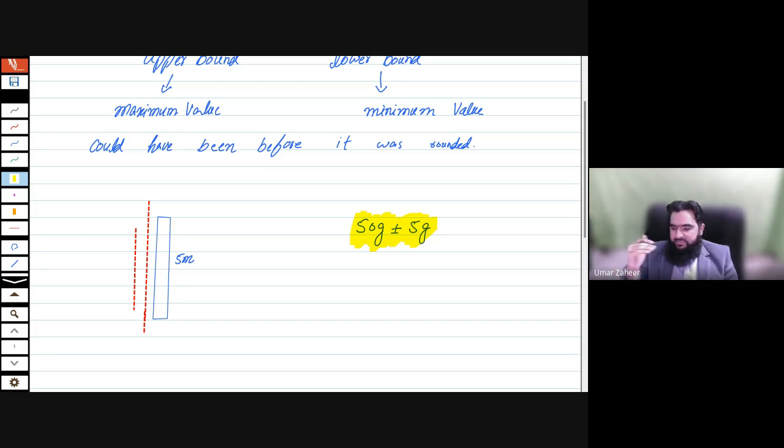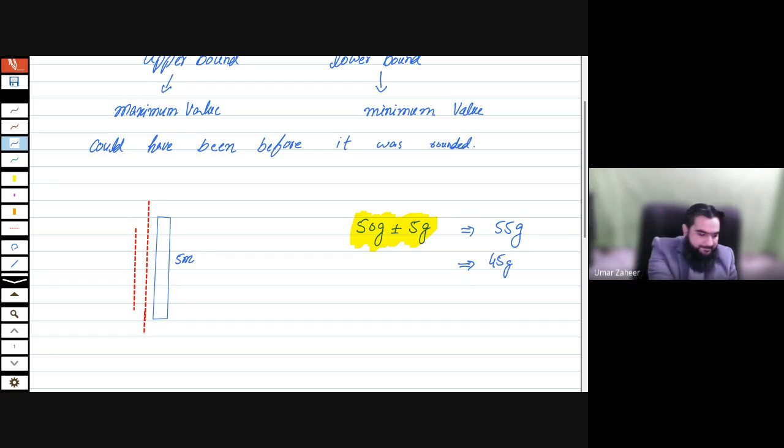It is 50 grams plus minus 5 grams. This means that the packet you have purchased can contain 55 grams of chips or can be 45 grams, meaning it can be 5 grams more or 5 grams less, because when measuring it, there can be a little bit of error.